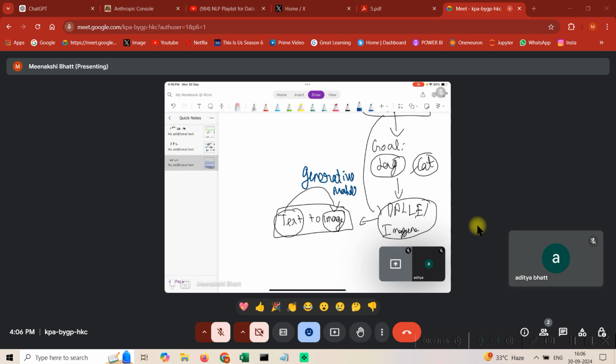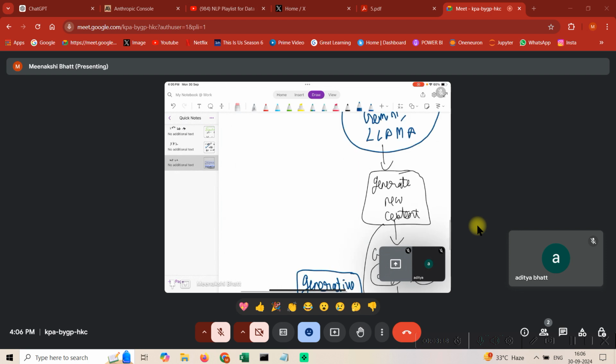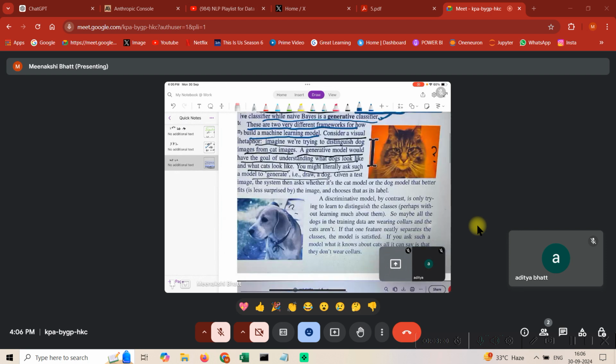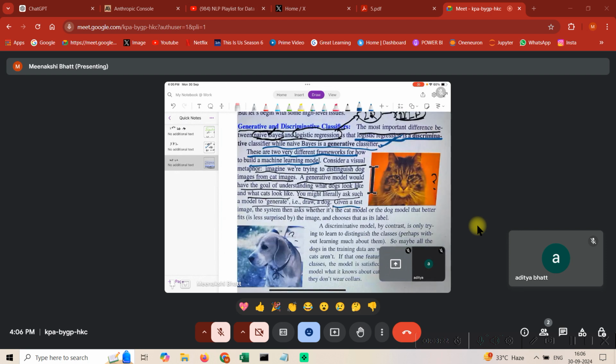We are trying to understand everything that's written in that book line by line. Given a test image, the system asks whether it is a cat or dog. The model that fits better, is less surprised by the image, and chooses that as the label.